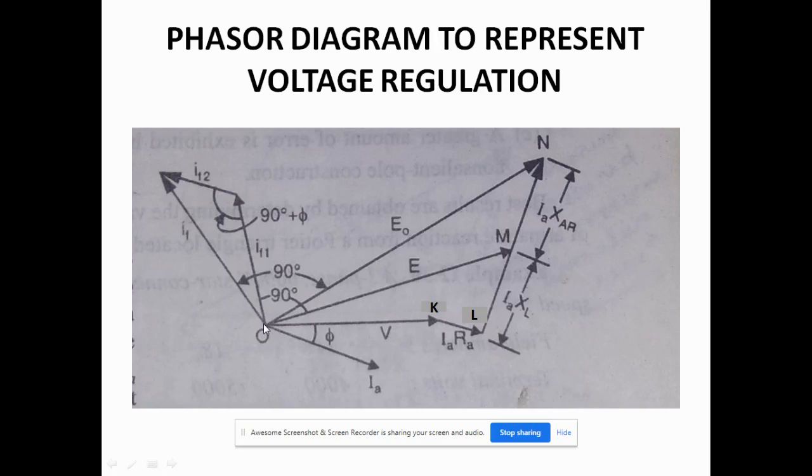So finally, we will get a field current, that is IF, as a phasor sum of IF1 and IF2. IF1 is the field current responsible to produce the voltage E across the armature terminals. IF2 is the phasor representing the field current which is responsible to overcome the armature reaction voltage drop.